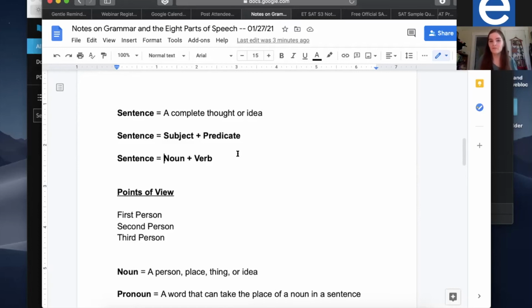If you have just the noun or pronoun that's telling you who or what the sentence is about, but you're missing the action, so missing what that noun is doing or what's being done to that noun or pronoun, then you do not have a complete sentence. You have what's called a fragment. Okay, so a fragment is an incomplete sentence, basically, which all of you should be familiar with from writing and editing over the years.